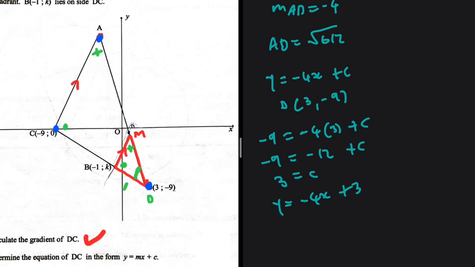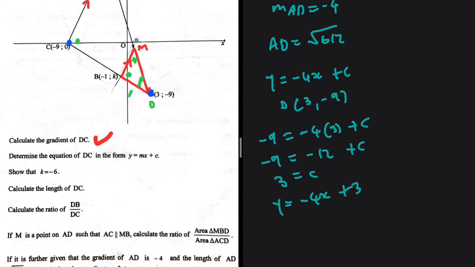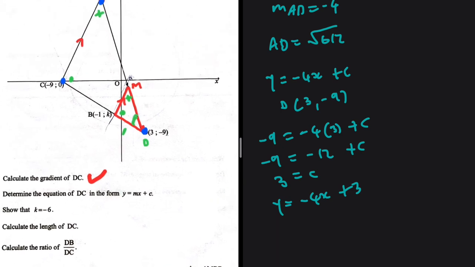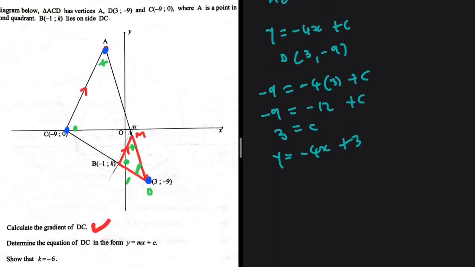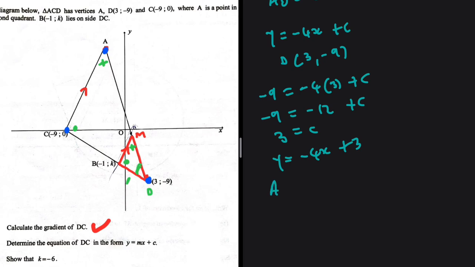So we have y equal to minus 4x plus 3 as the equation of the line AD. But we are looking for the coordinates of A. Now that we have the equation of AD, instead of having the coordinates of A as some x and y, we can say that A is x, and y should be minus 4x plus 3.